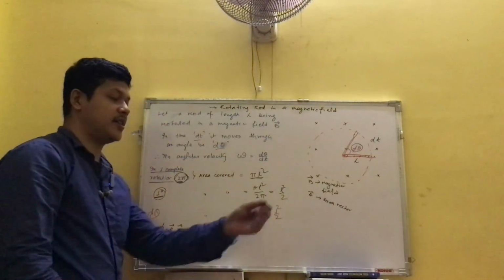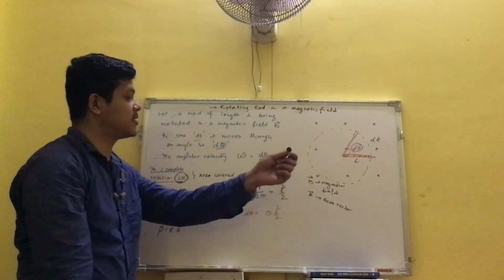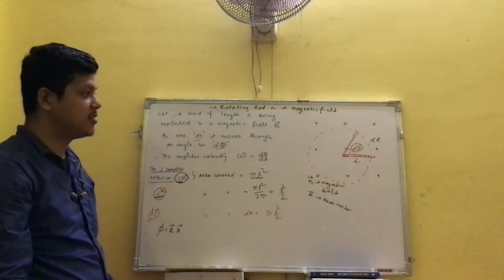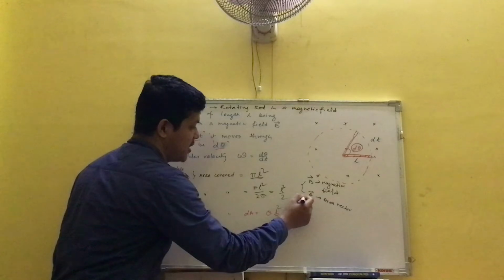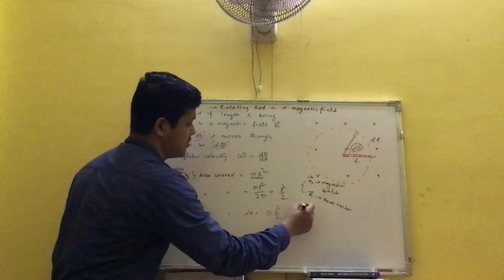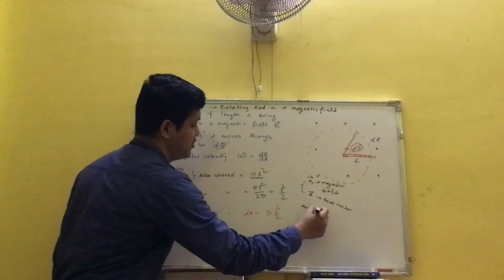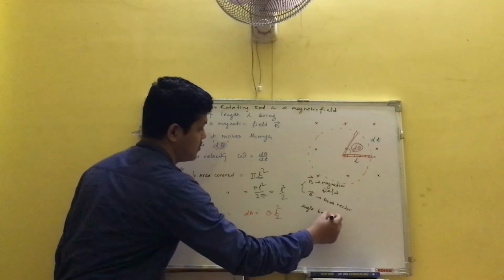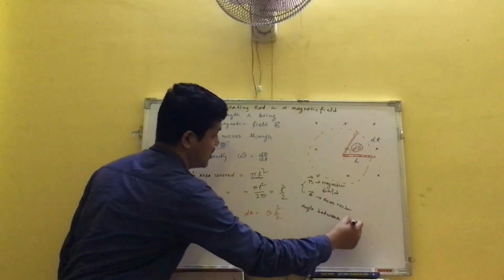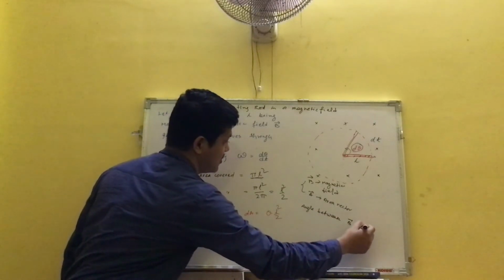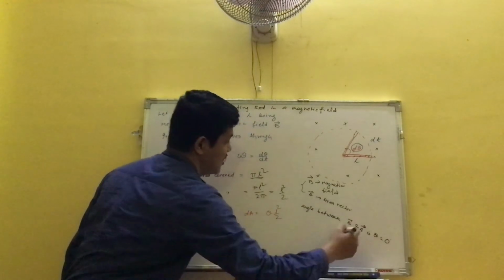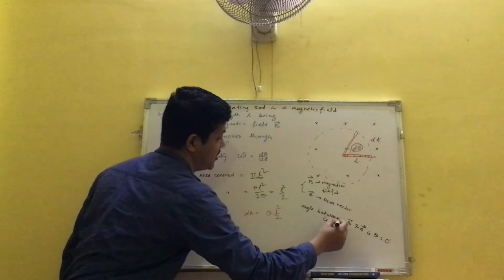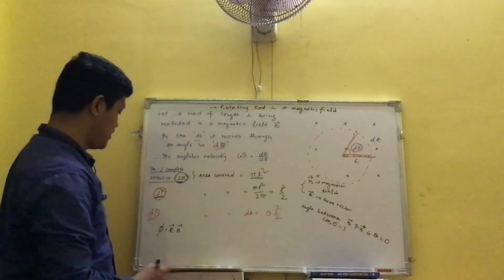So its area vector should be in the same direction as B, right? So the angle between B vector and A vector is theta equals 0, and cos 0 degree is 1.